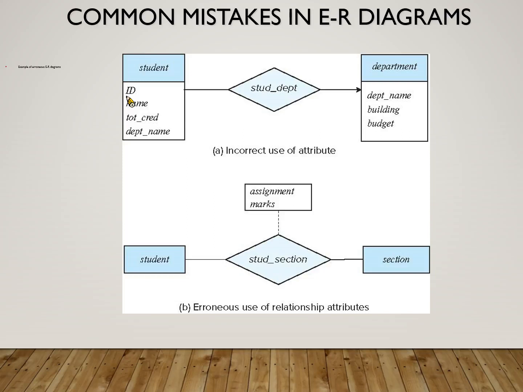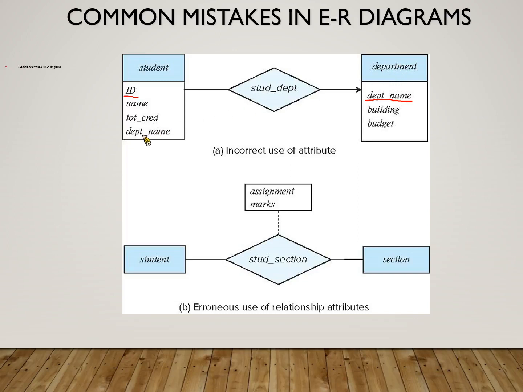The key attribute ID should be indicated by underlining the corresponding attribute for the entity set student, whereas the department name should be indicated as the key attribute for the entity set department.